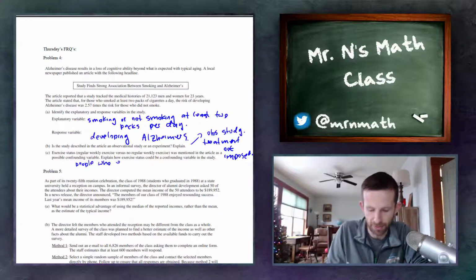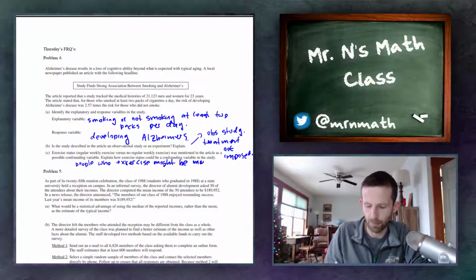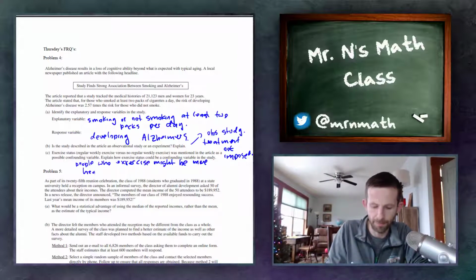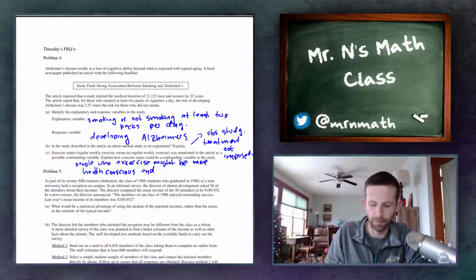So people who exercise might be more health conscious, and thus less likely to smoke.